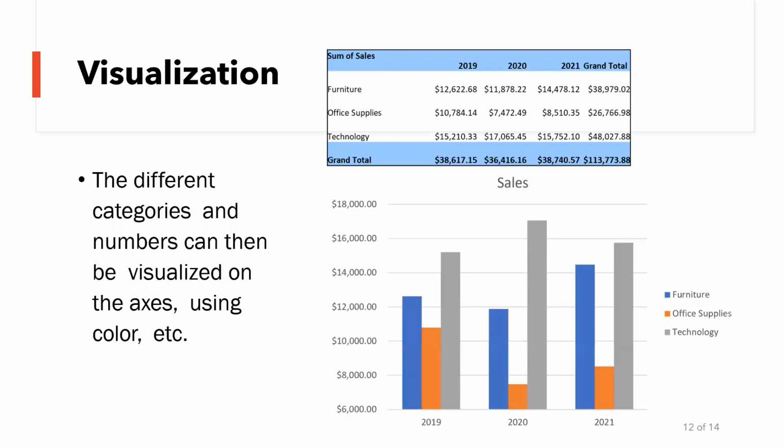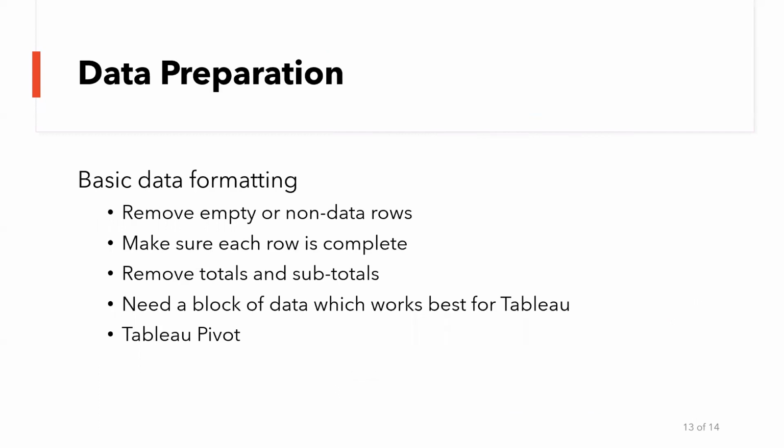Okay, so you go through the process of dividing and summing your data and picking a way to represent the data. And you can pick different types of charts or colors or shapes. And then as we start to look at our data, we have some basic data formatting.